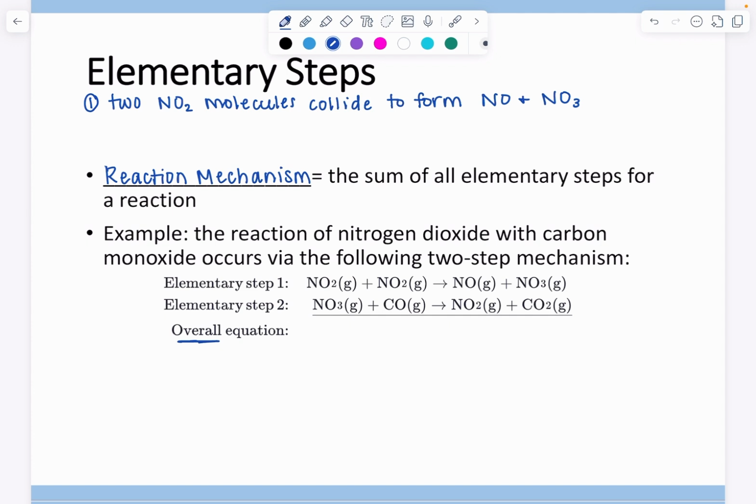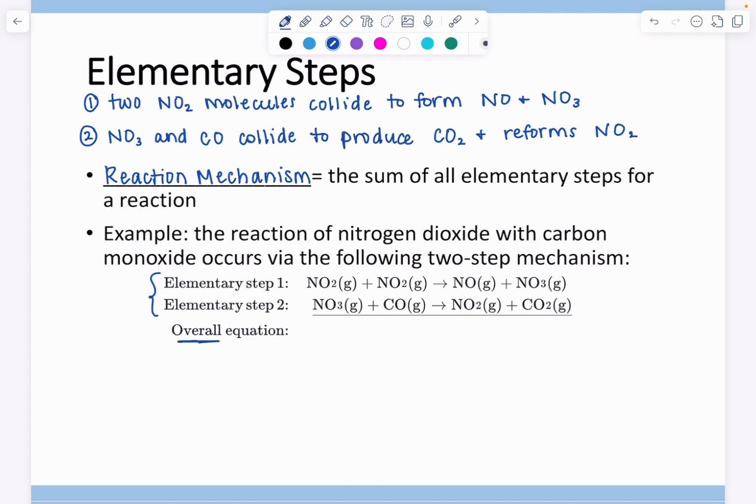And then if you look at the second elementary step, an NO3 molecule then reacts with CO to produce NO2 and CO2, and reforms NO2.